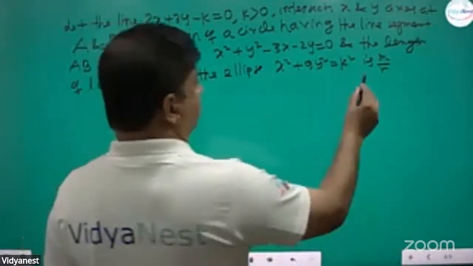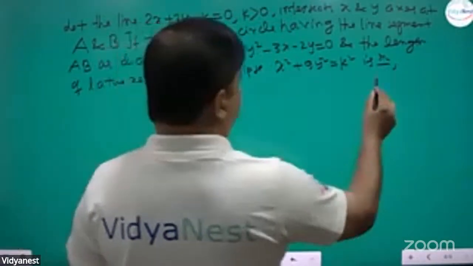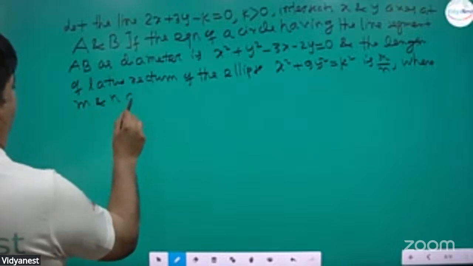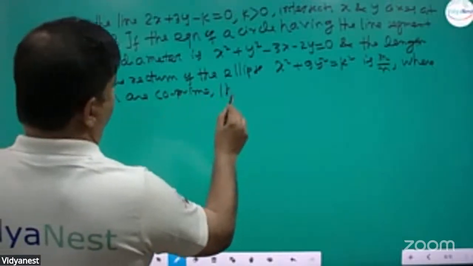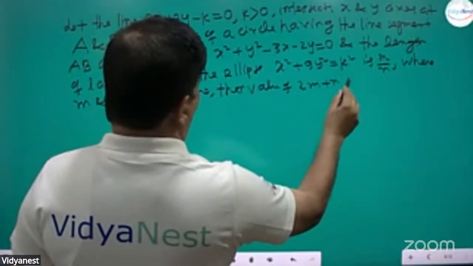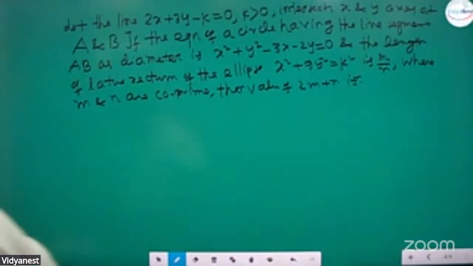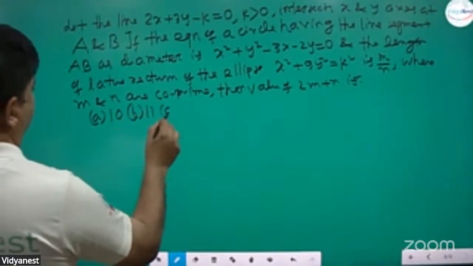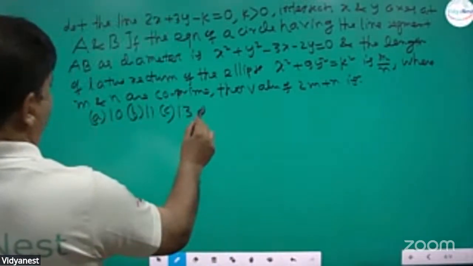where m and n are coprime. Then the value of 2m plus n is, there are four options: 10, 11, 13, 12.